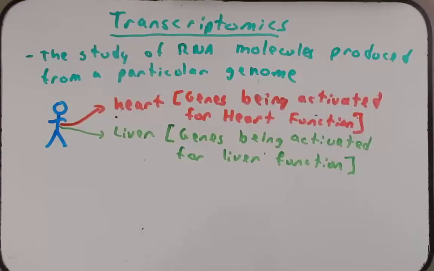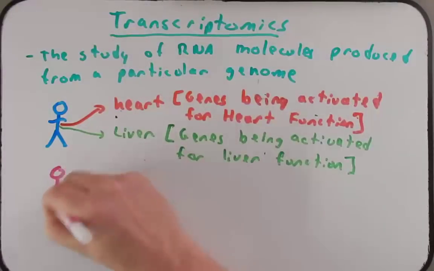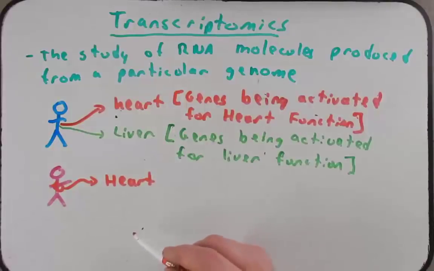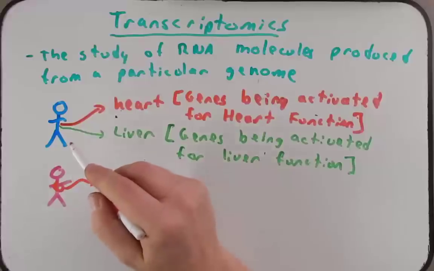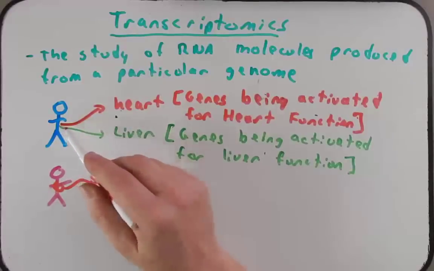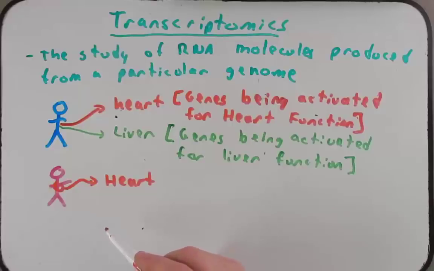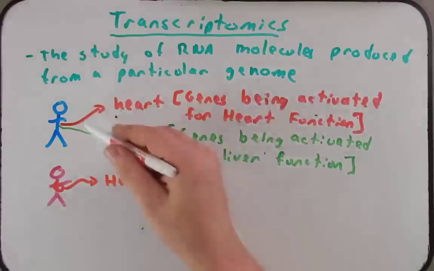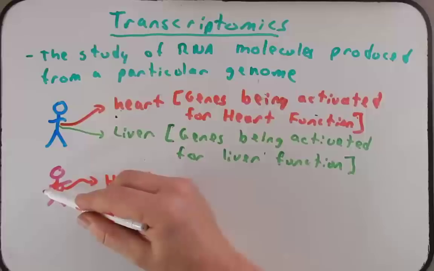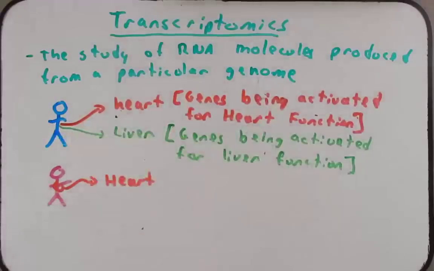We could also compare the genes being expressed in this person's heart with the genes being expressed in this person's heart. So now that we have the collection of RNAs from these two individuals, if one of them, say, suffers from an arrhythmia, an altered heartbeat, what we might be able to do is begin to understand if the gene expression from these two individuals differs. And maybe that will help us understand why this person doesn't have the heart arrhythmia, but this person does.